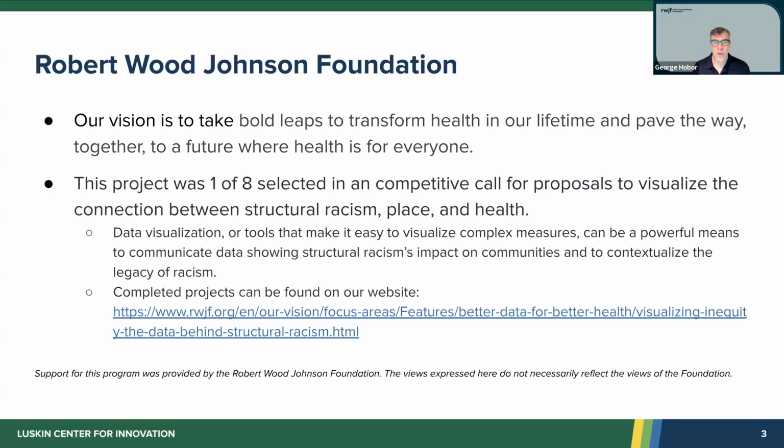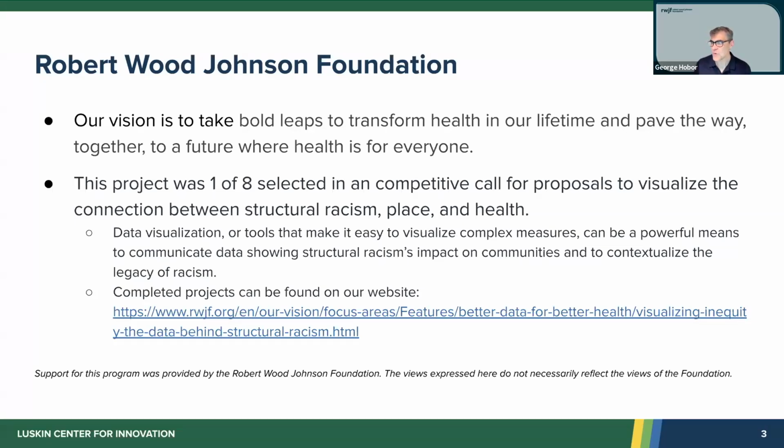And so the data visualizations that result from this work, we were hoping they would do exactly that: illuminate a very complex issue like structural racism, and we wanted them to be powerful communications tools to advance policy change efforts and programming by persuading audiences, whoever they are, policymakers, media, community advocates, of the legacy and current consequences of racism.